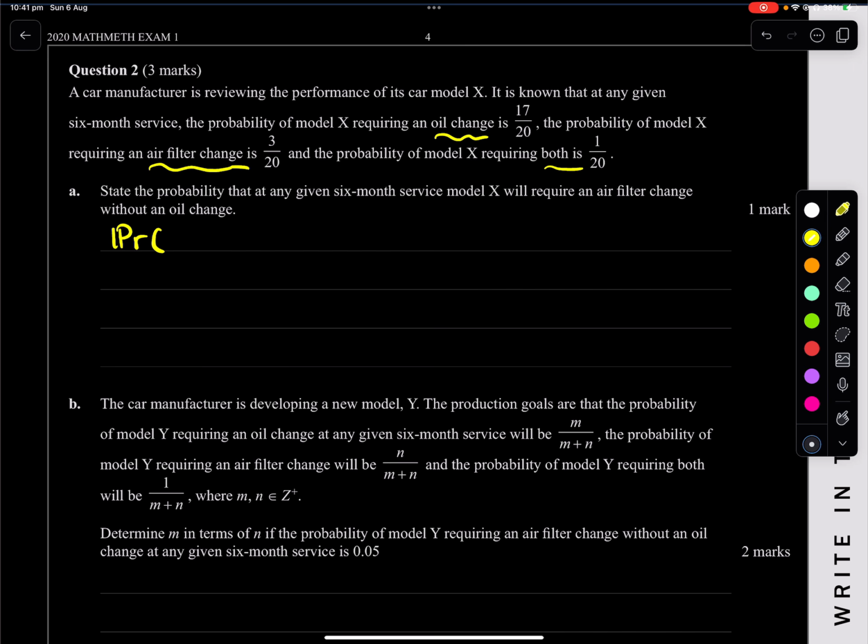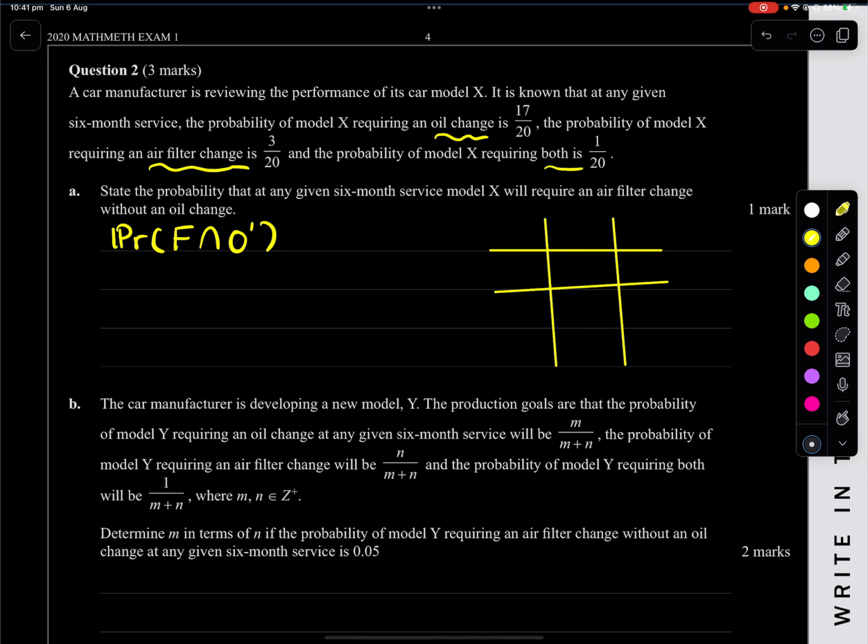So let's say F, air filter, without an oil change. So intersection, not an oil change. I'm just going to draw a nice probability table here, because this is easy doing it like this. Okay, and it should be 1 over here.